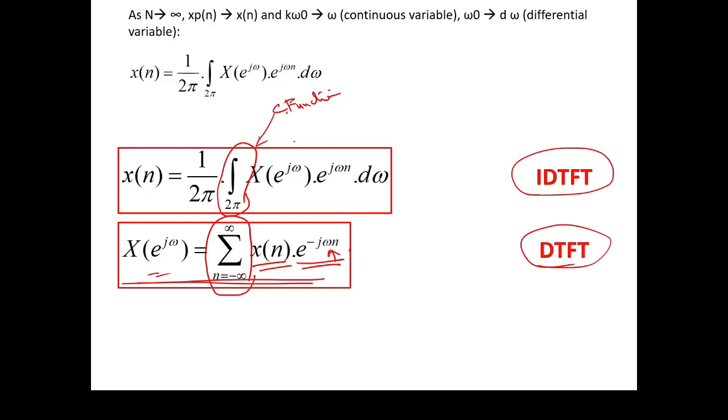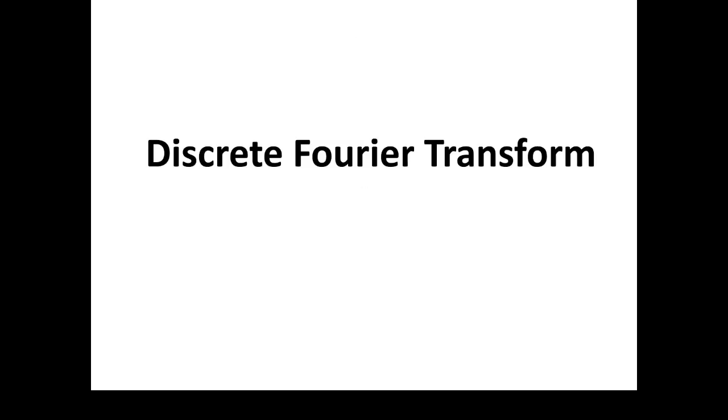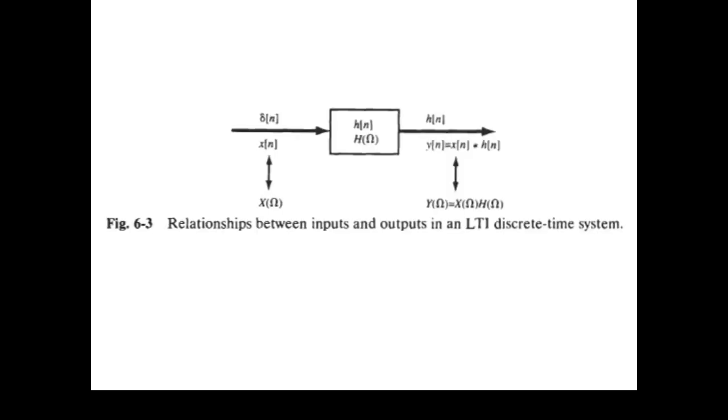Now, digital systems are not able to handle continuous functions. They can only handle finite systems. Due to this reason, there was a need for another transform, which we call the discrete Fourier transform. We will come to that.